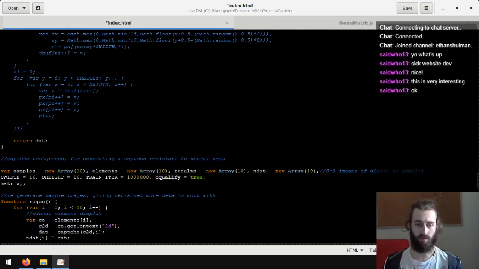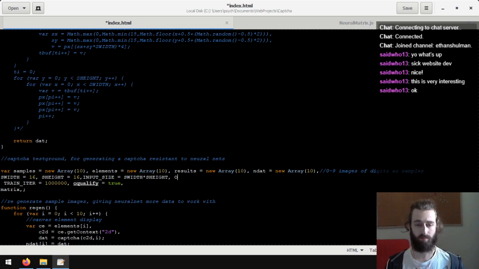So the input size is going to be sample width times sample height. The output size is going to equal 10, or the number of digits. I guess that could be constant.